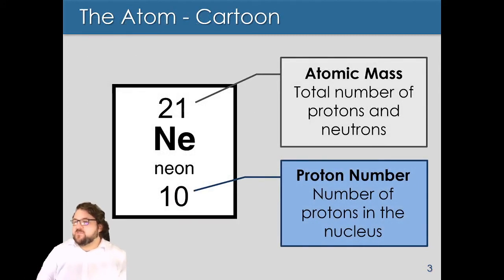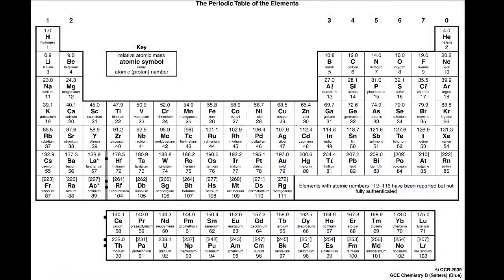So let's just start off with this elemental symbol that we've kind of seen before. We've got neon here in the middle. The capital Ne there is the chemical symbol, we say. So whenever we see a capital letter, that's telling us that we've got a new element. And then sometimes it's followed with a lowercase letter because if you look at the periodic table, there are more elements than there are letters.